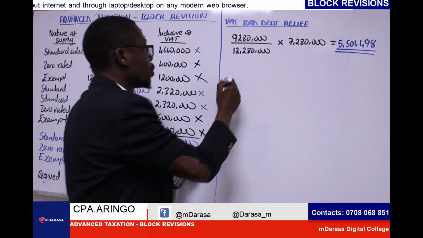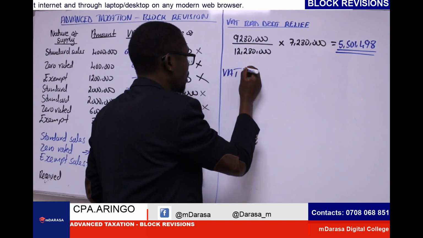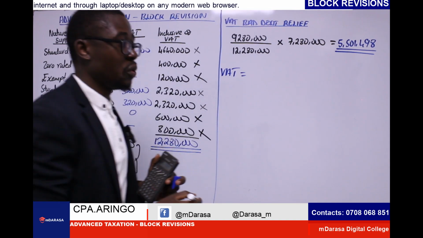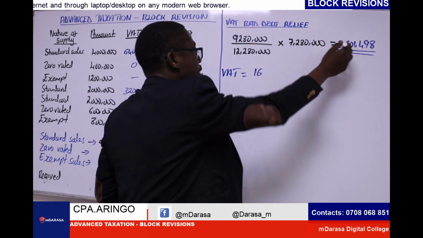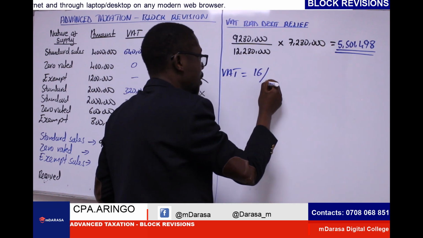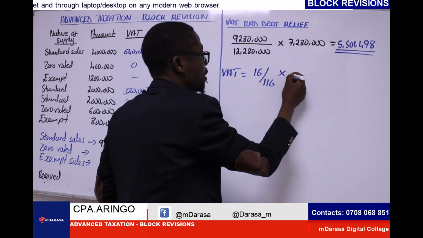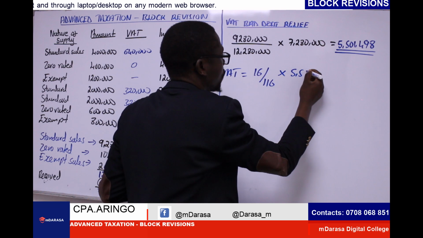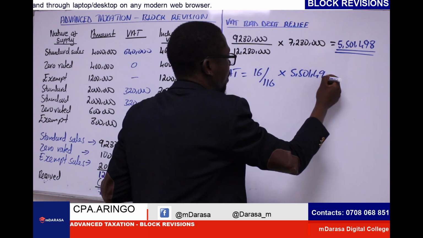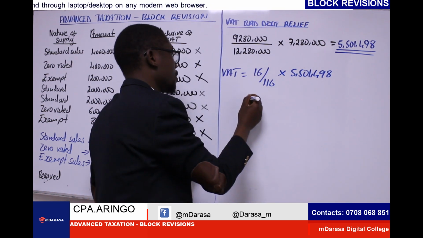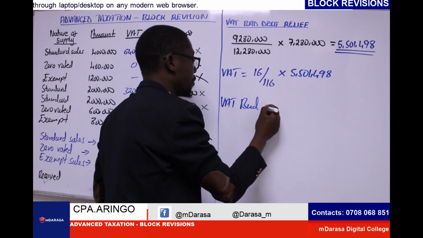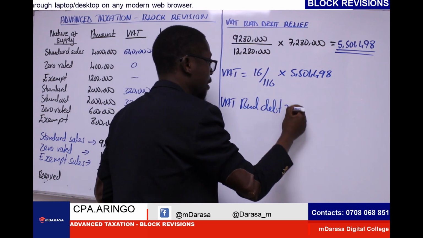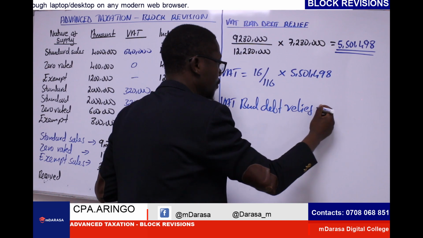Then, what was the VAT on the value? Because this is inclusive of VAT, I'll be having 16 of 116 times 5,501,498,000. So that we can agree that therefore my VAT bad debt relief, the one that I can claim as a relief, will be how much?